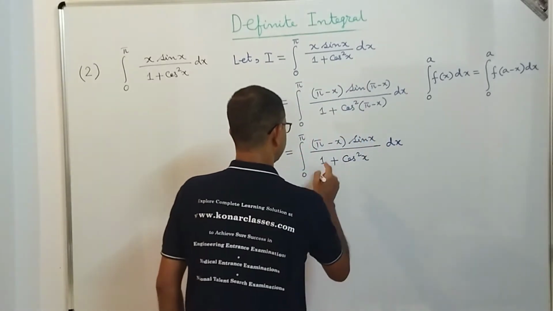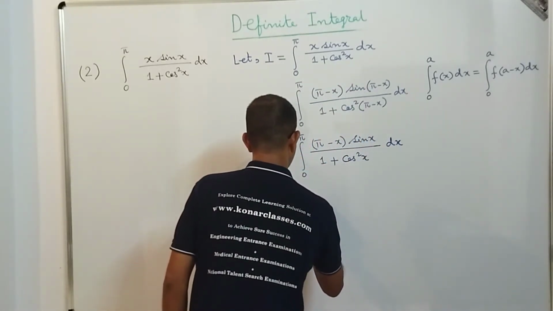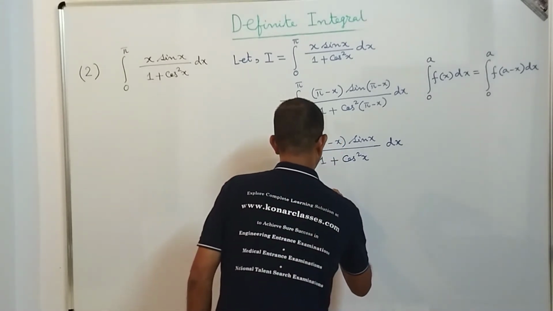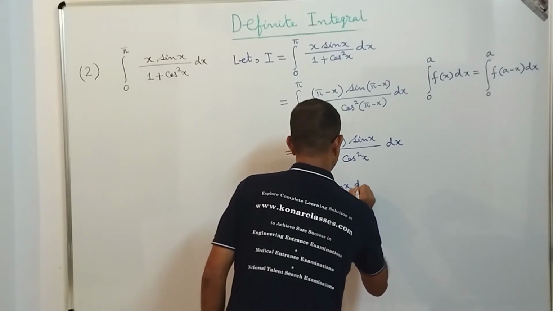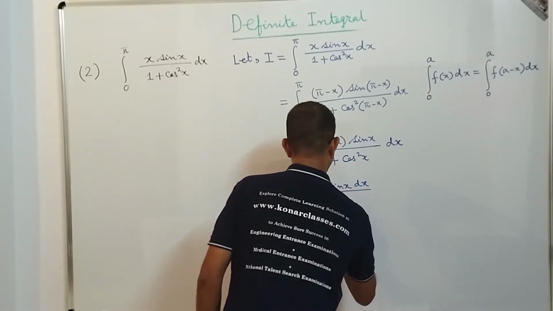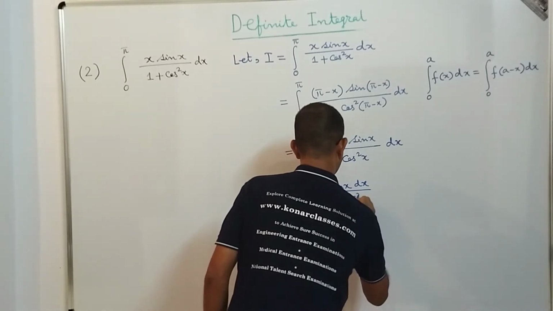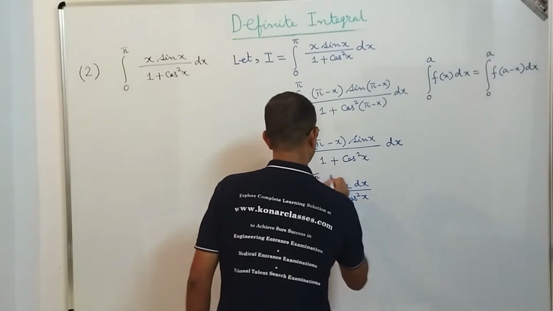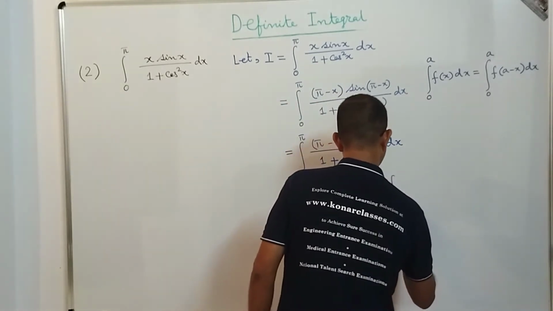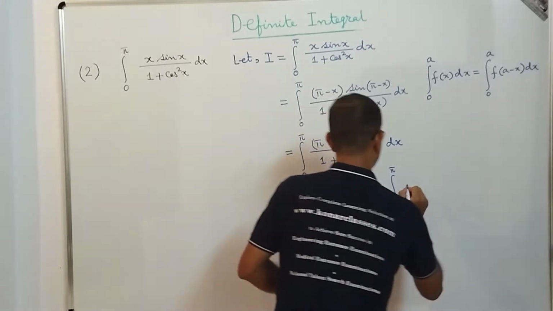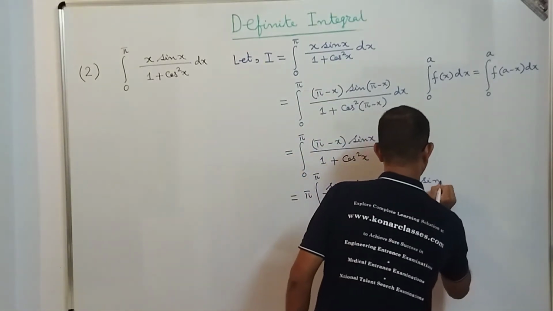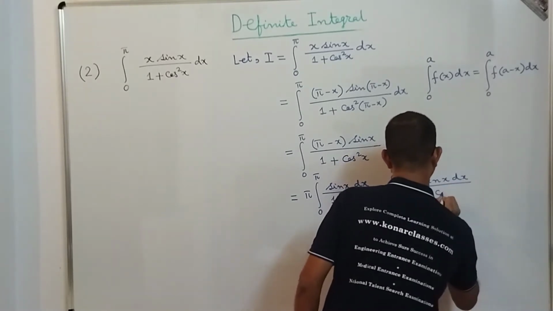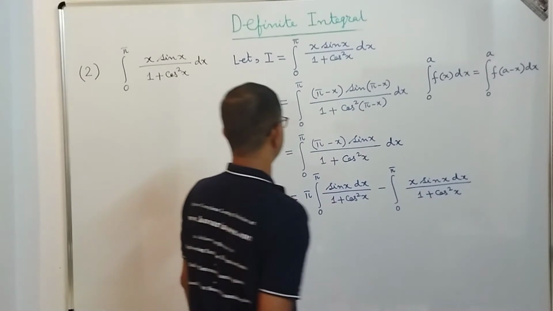So what we get here is that pi we can take outside. We are separating this minus. So here we get pi integration 0 to pi sin x dx divided by 1 plus cos square x minus integration 0 to pi x sin x dx divided by 1 plus cos square x.